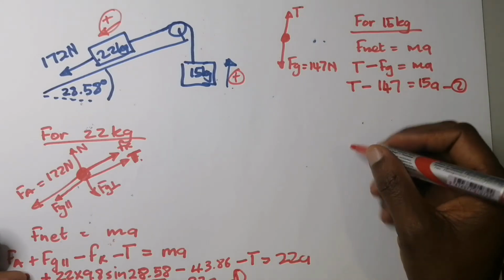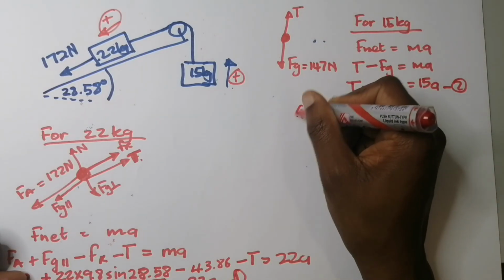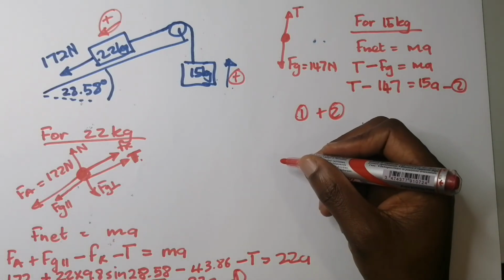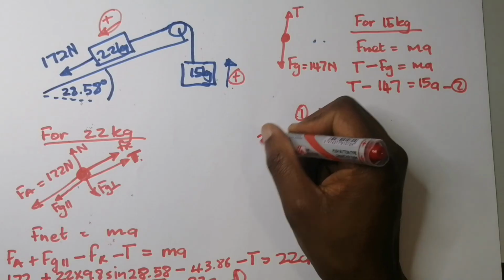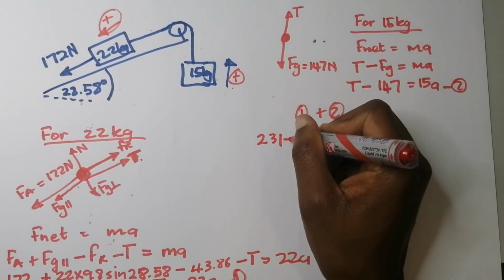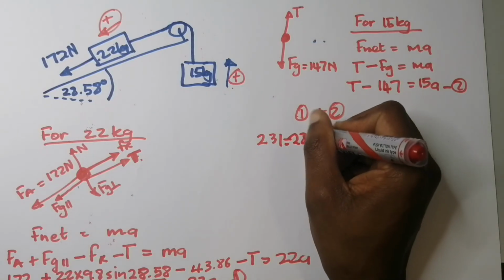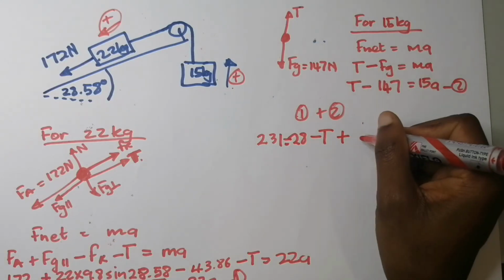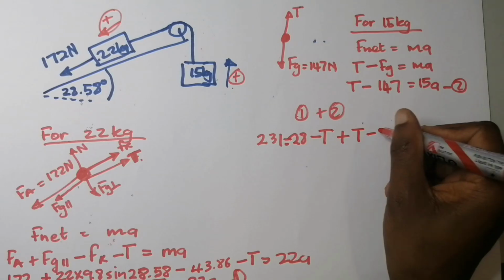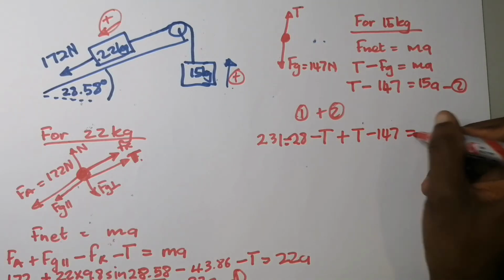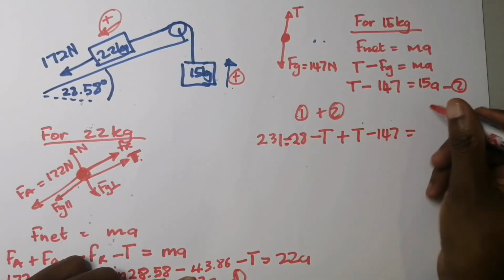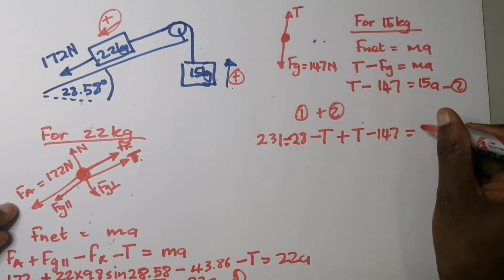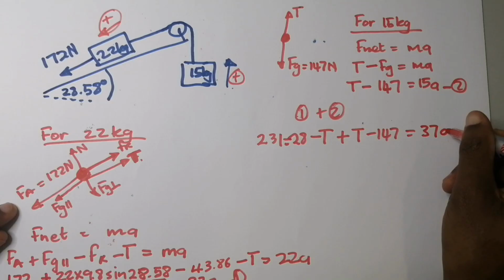And what I simply do, ladies and gents, is take equation 1 plus equation 2, and if we sum those up, we'll have 231.28 minus tension, plus what's on the left hand side of this equation, T minus 147, is equal to 22a plus 15a, and that will be 37a.